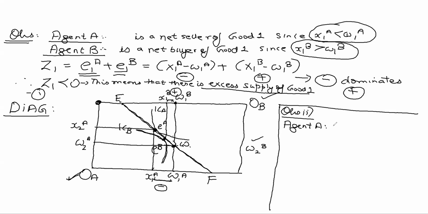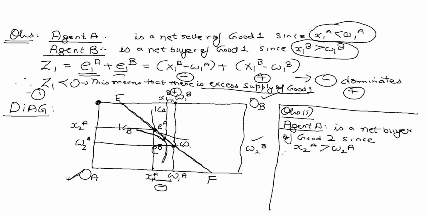So agent A is a net buyer of good 2 since X2A is more than omega 2A.